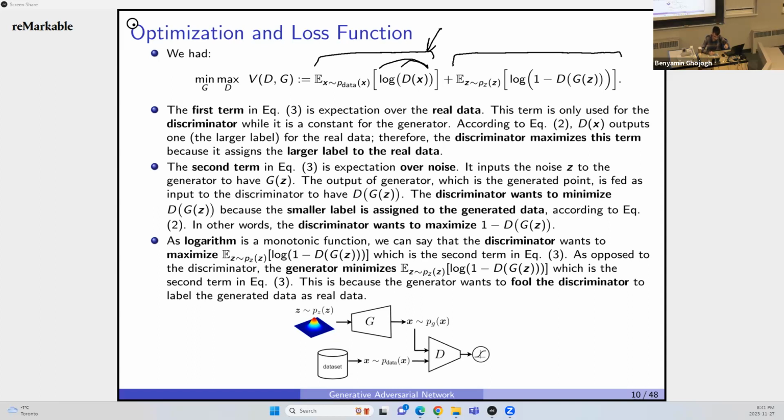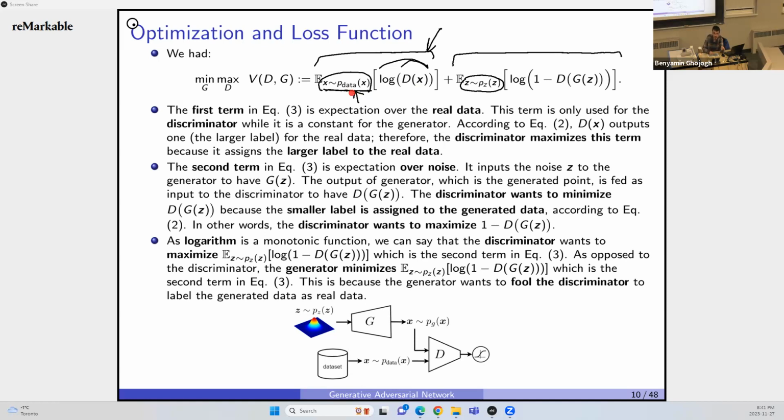So basically D wants to maximize D of x. Why? What is the expectation over? You tell me. Real data. With respect to real data, right? So the first term is with respect to real data. The second term is with respect to noise. So far clear?